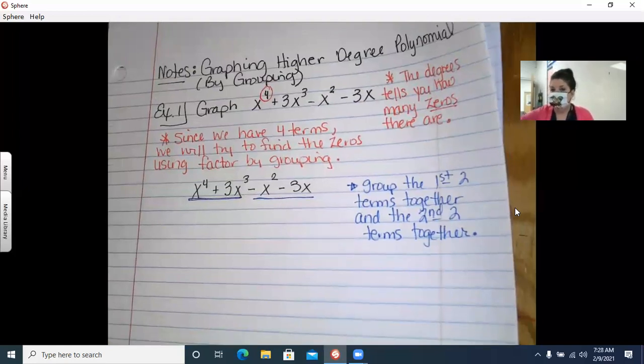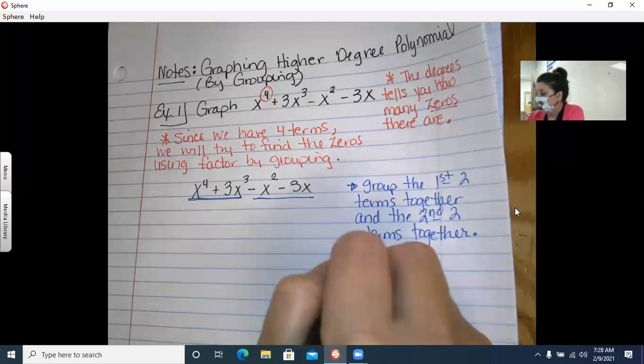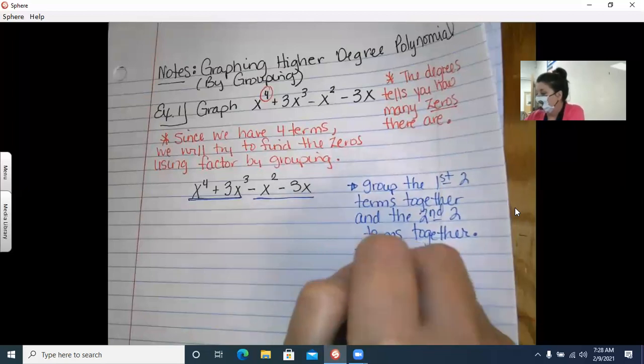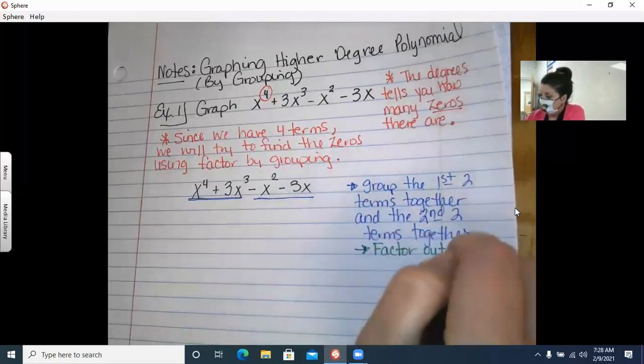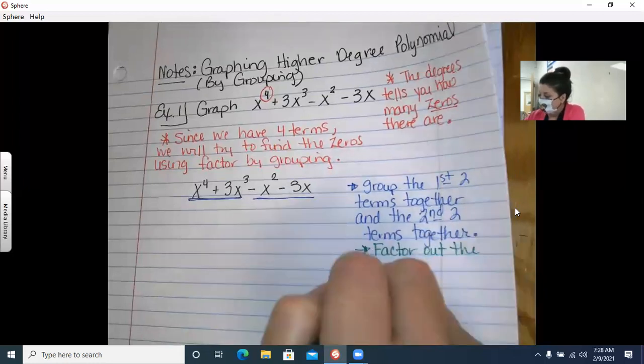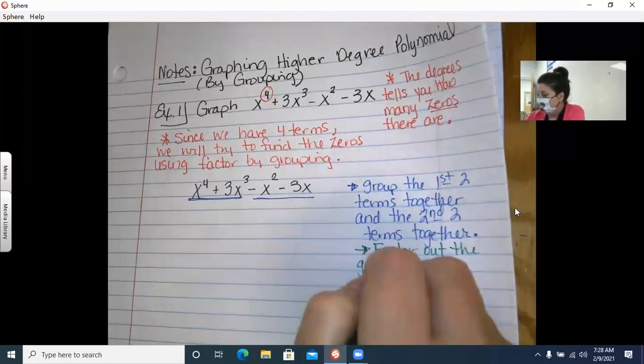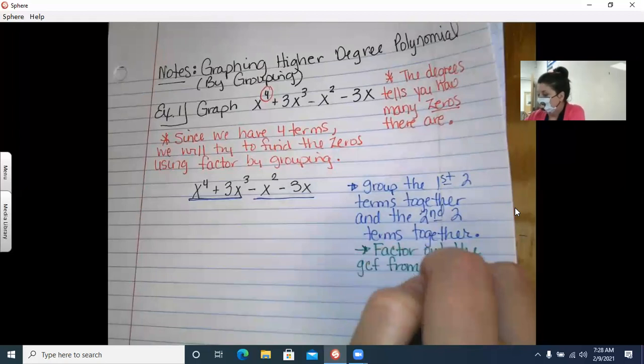When you're doing this method, if there's a GCF at the very beginning of the problem, don't factor it out, okay? Wait till you group your first 2 terms together and your second 2 terms together, and then you're going to factor out the greatest common factor from each group.